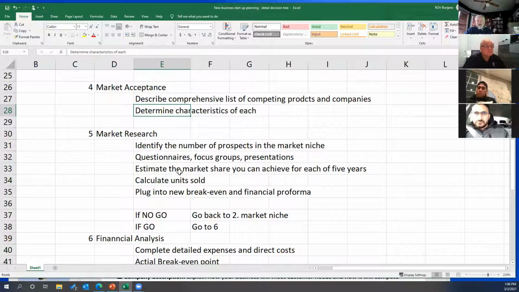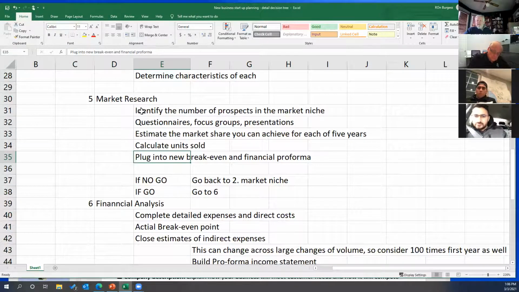And so you calculate the units sold, and then you plug that into a break-even model so that you can see when you break even, and then you can take that and put that into a full financial pro forma so that you can actually calculate what kind of expenses and profit you're going to have. And then you can forecast that out month by month or year by year. And so if you can't get those numbers to work, you go back to 2.